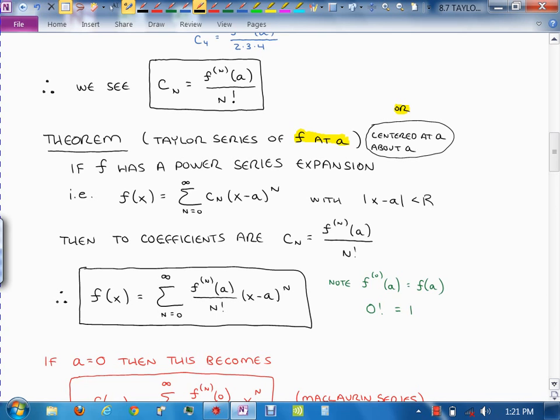Also make note that it starts at 0. So what's f0? That means the 0th derivative, which means don't take a derivative. That means the function. So the 0th derivative at a means f of a. Also, 0 factorial by definition is 1.